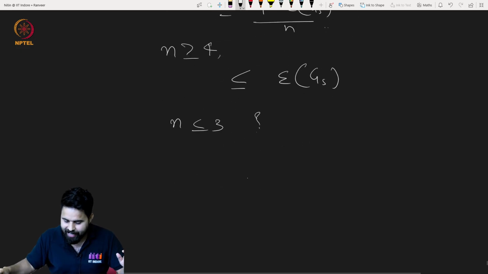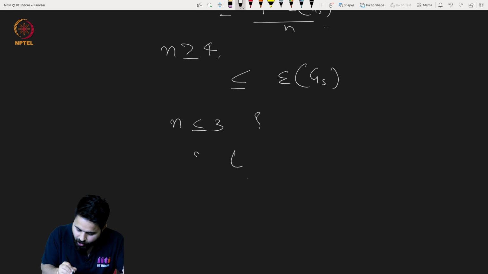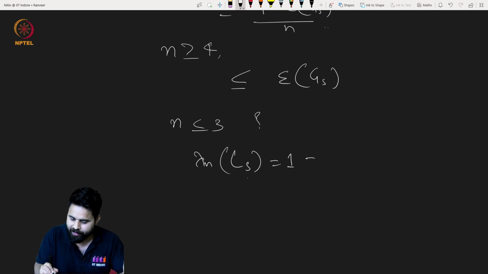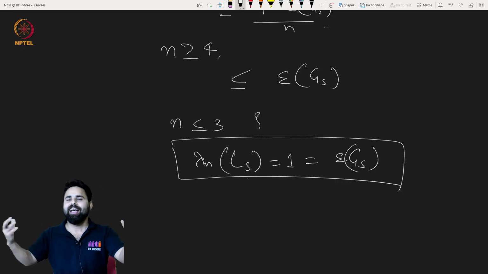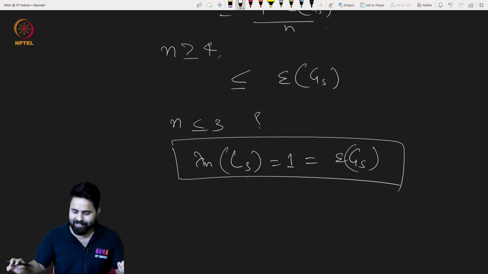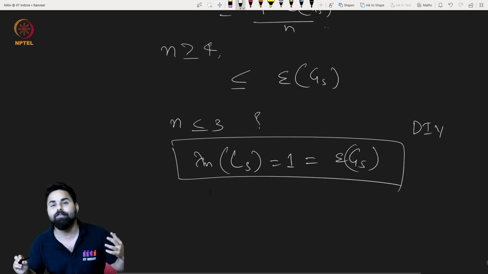In all the cases, just check that the smallest eigenvalue of the Laplacian matrix comes out to be 1, which is the same as the frustration number. So for this also we have proven it. We have now proven this very beautiful result. Just check this, it is DIY for you.